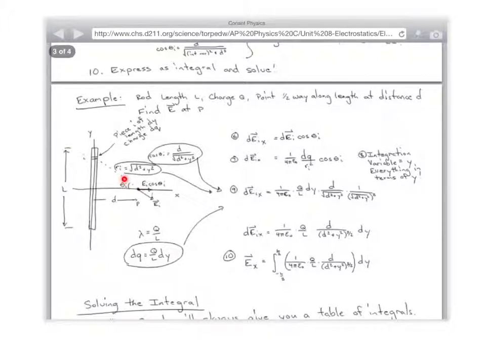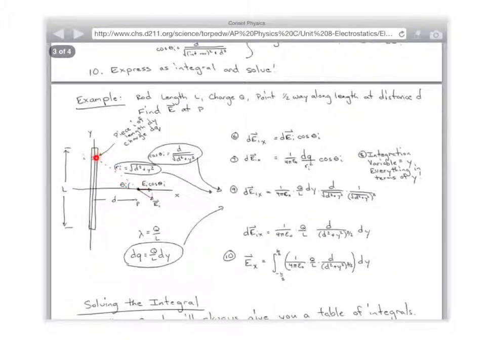Now, here's the reality. Do we care what the electric field is diagonally? No. How come? It canceled. The only electric field we really care about is the horizontal electric field. So it's the E cosine theta that we care about. Does that make sense? Because this is theta in here, right? And we only care about the horizontal because the vertical component would cancel out.